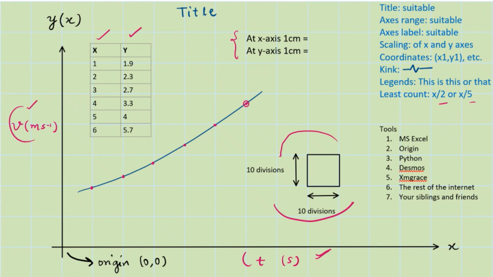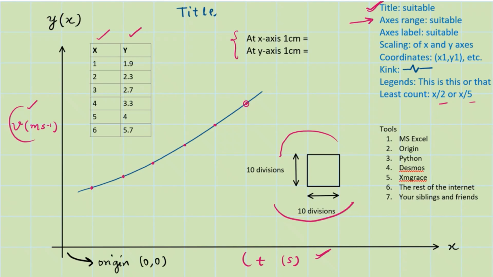So let's begin with some elements of the graph. Let me introduce you to the title. The title is some suitable name you give to your graph to identify it, and it tells a lot about the graph. And then you choose your axis range, like how much data you have.